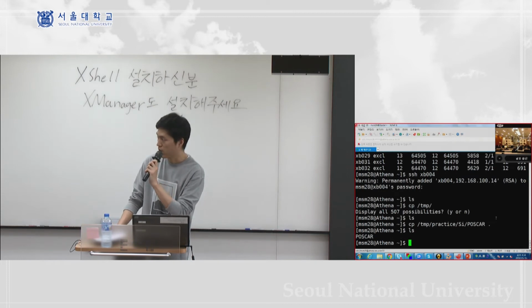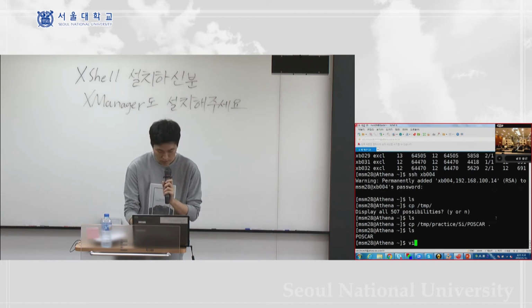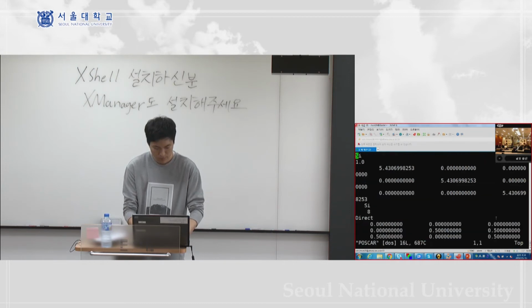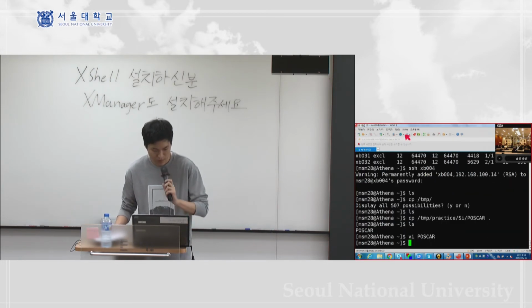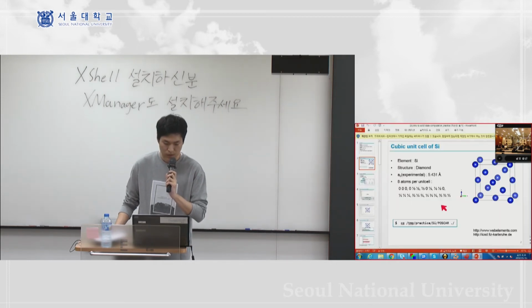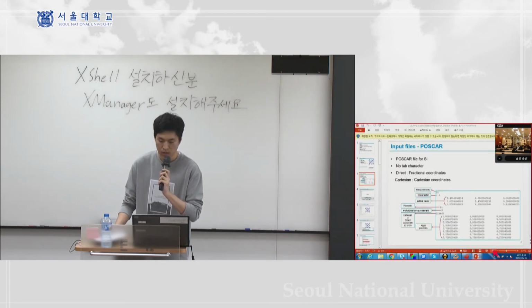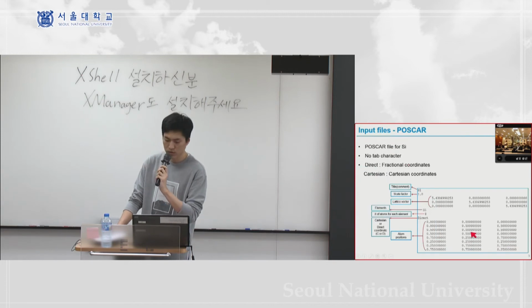Then you can see there is a POSCAR. And the contents of the POSCAR look like this.